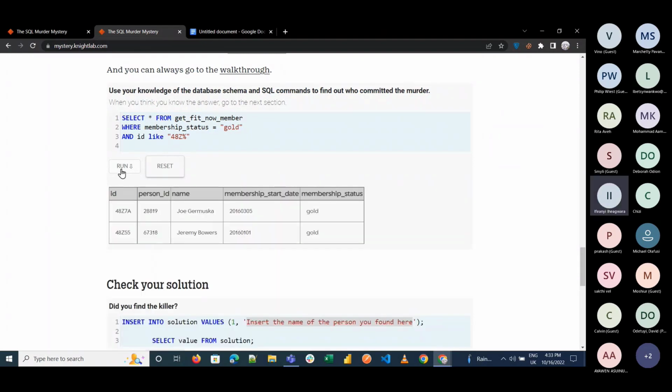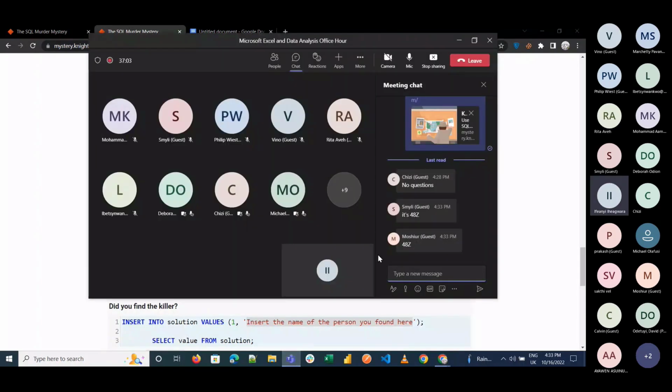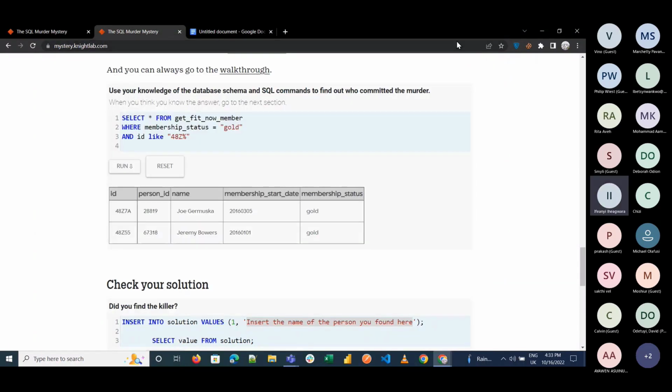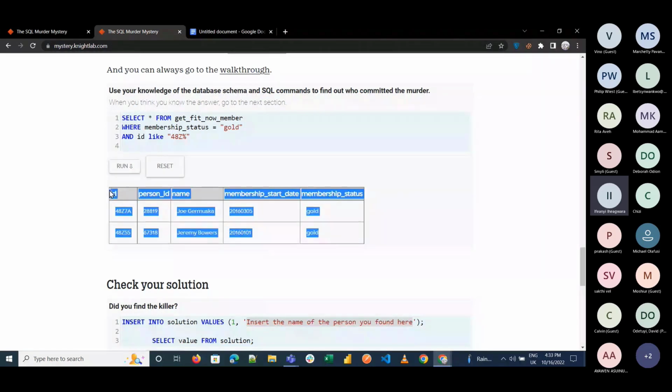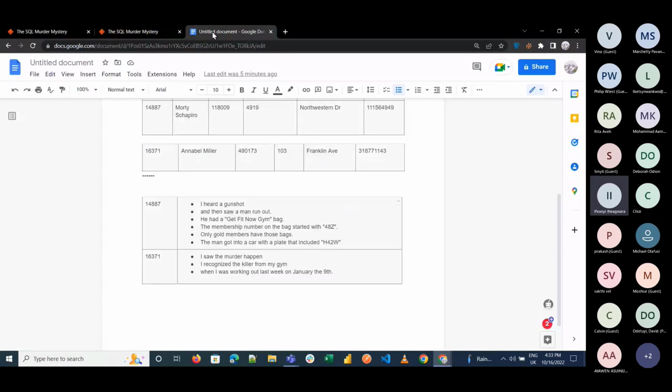Okay, so we have two clues now from these models. We have the person's ID number, but we have two suspects. So either of these two people committed the crime.